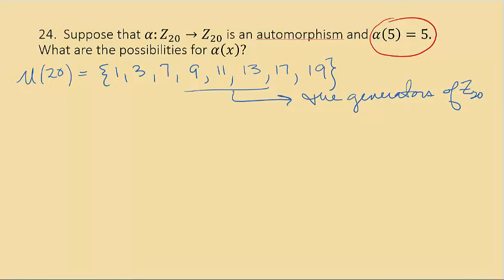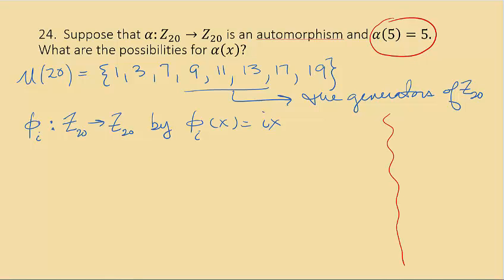So any mapping, let's say phi sub I, that maps Z20 to Z20 by phi sub I of x equals Ix is an automorphism of Z20.